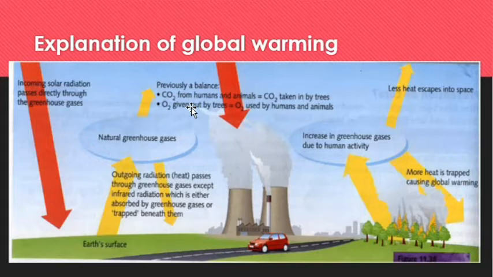Tapos kinukuha ng mga puno at kino-convert niya into oxygen which ginagamit ng humans. Pero dahil sa increase of greenhouse effect, dahil sa mga pinagagawa nating humans, maraming heat ang natatrap sa loob ng ating Earth, thus increasing the climate.